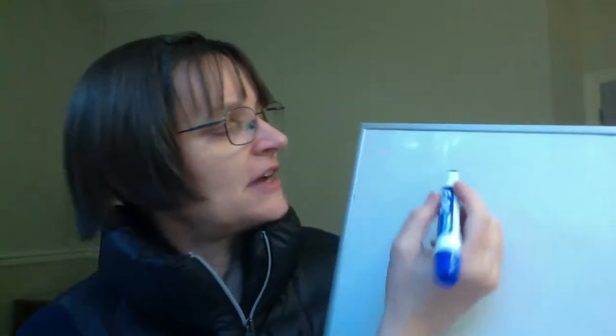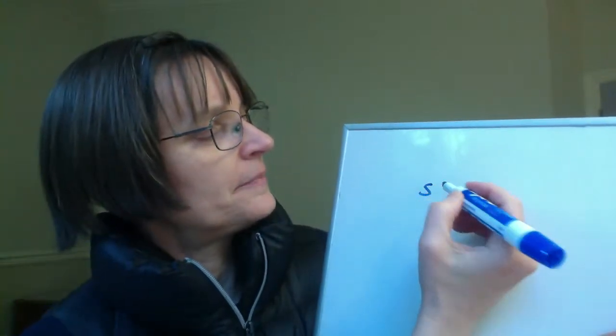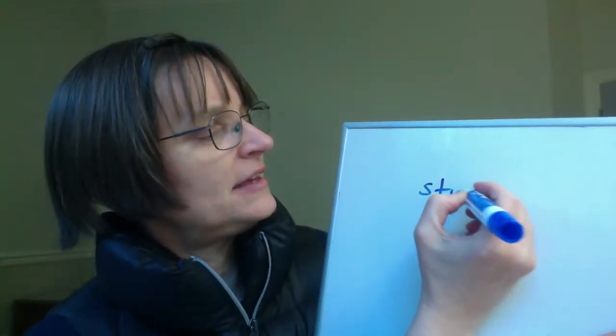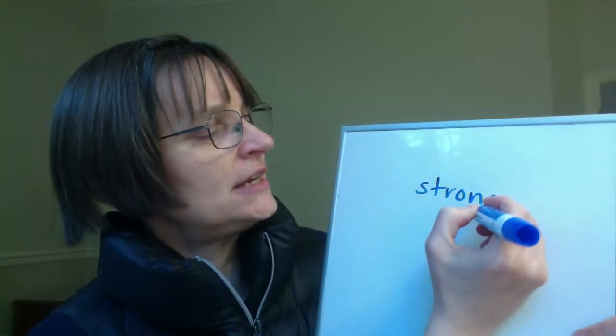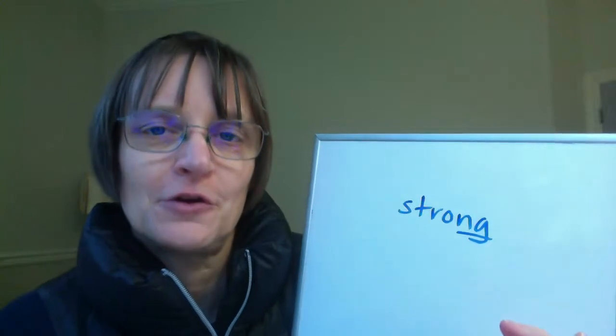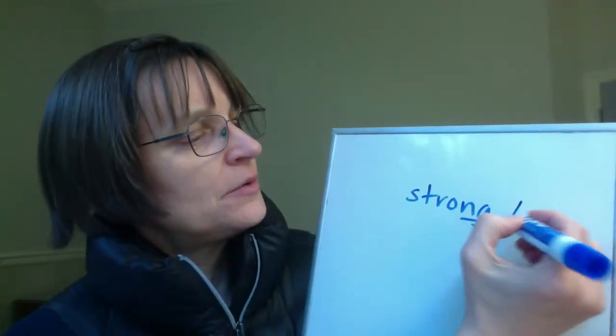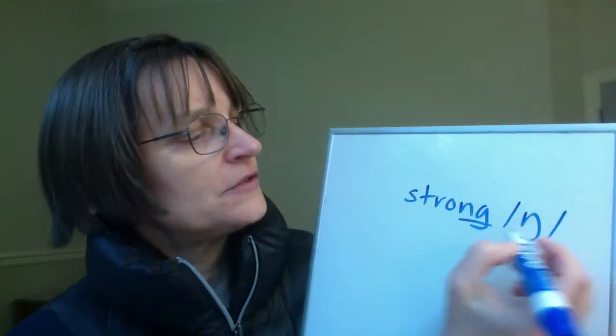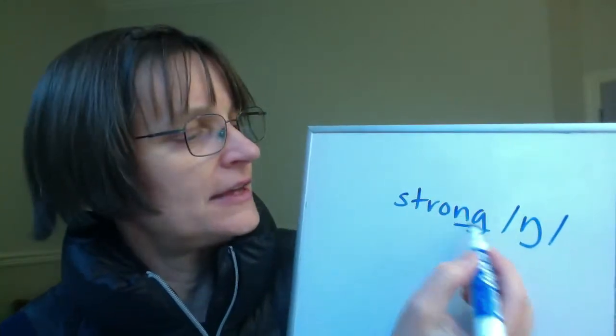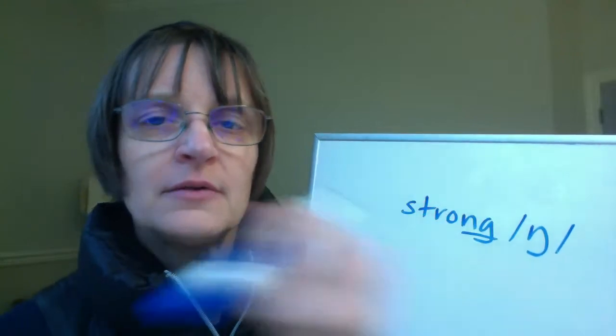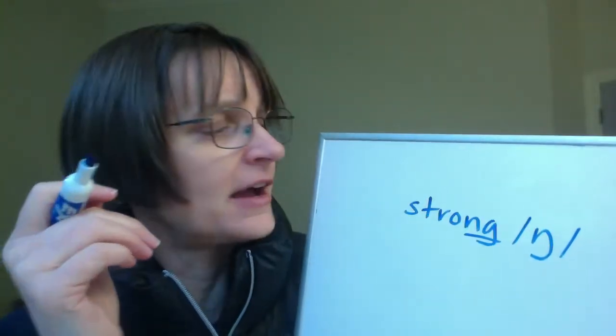Another not exactly silent letter would be the letters NG. And we talk about these letters often because many people have accent error patterns on the NG sound. So there's two letters for one sound. The NG says ng, which is a sound where I'm lifting the back of my tongue.